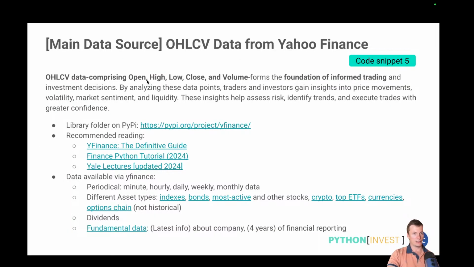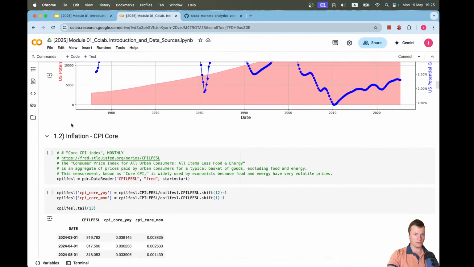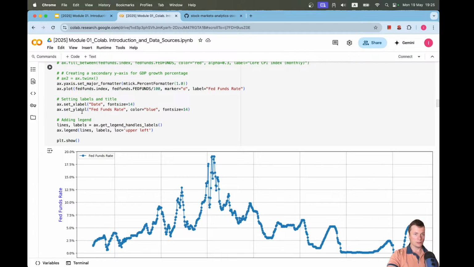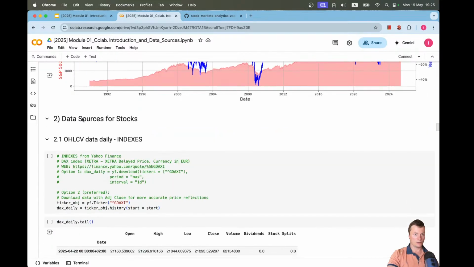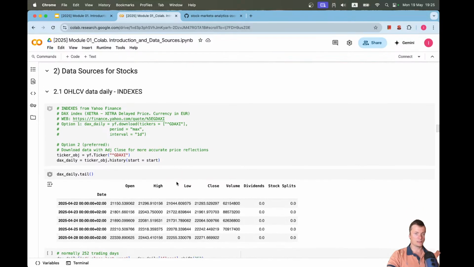Okay, let's look at the main data source, daily data. So if you scroll down here, data sources for stocks, indexes, you will have home assignments that is already published, and that home assignment uses this data provider, I think, in every question.